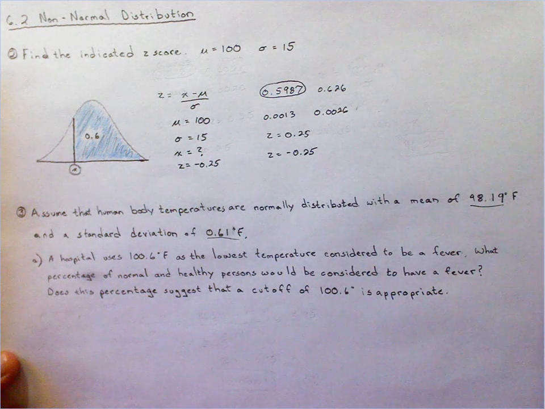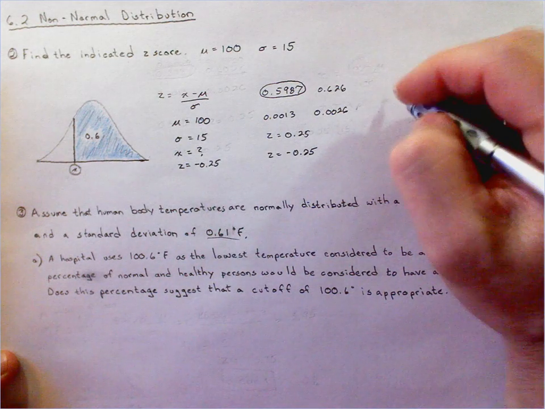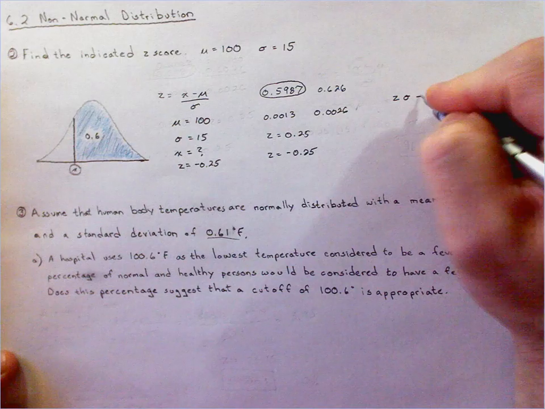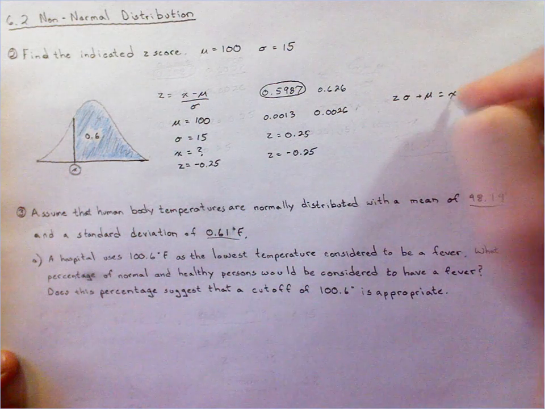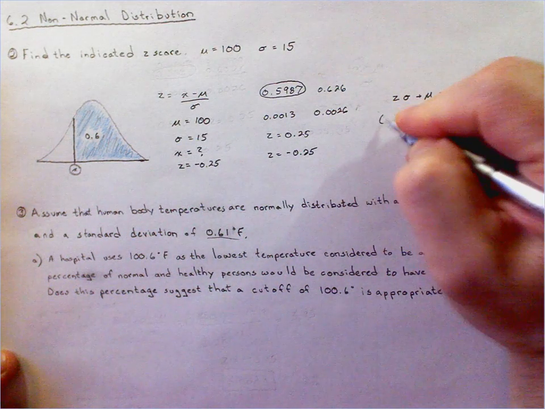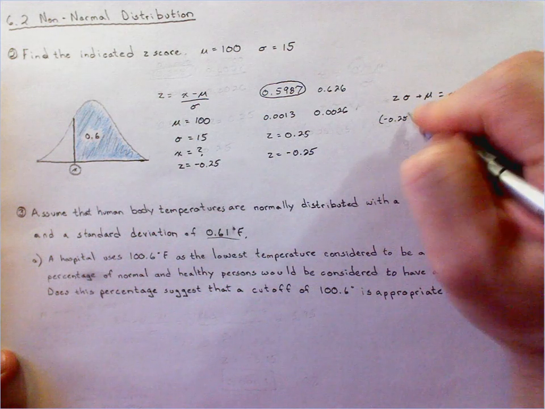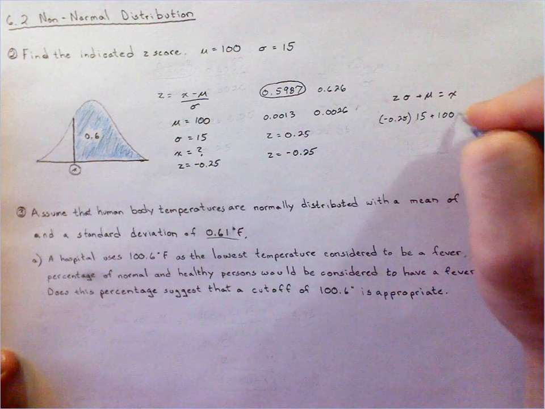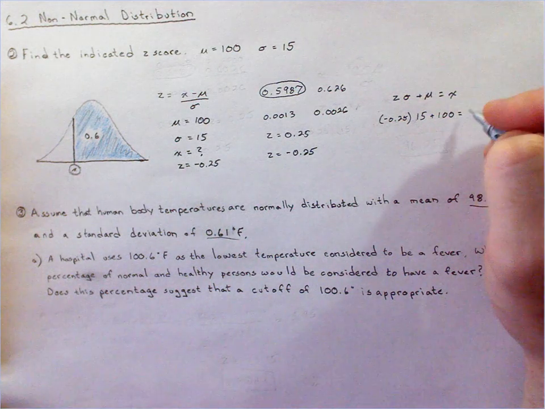Now I rearrange my formula to solve for x. That would be z sigma plus mu equals x. Now I just plug in my values: negative 0.25 times 15 plus 100, and then I solve for x.